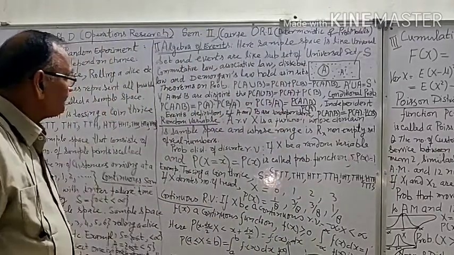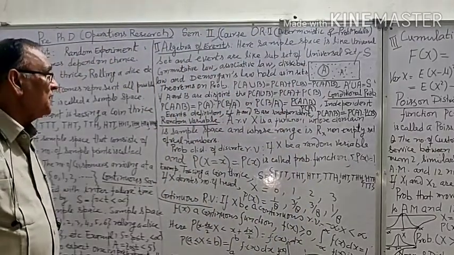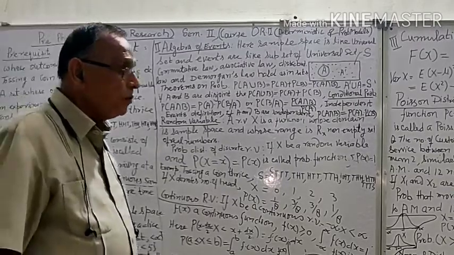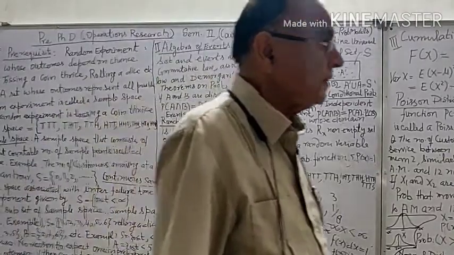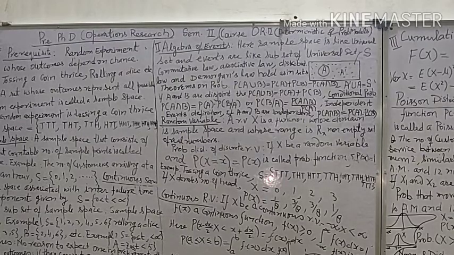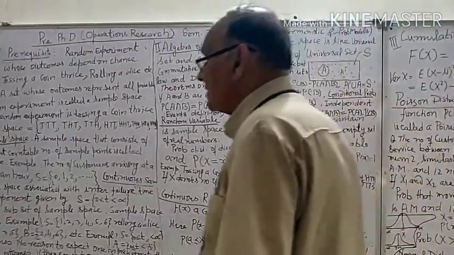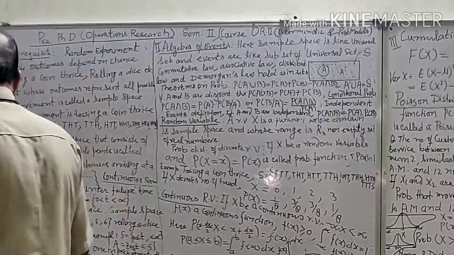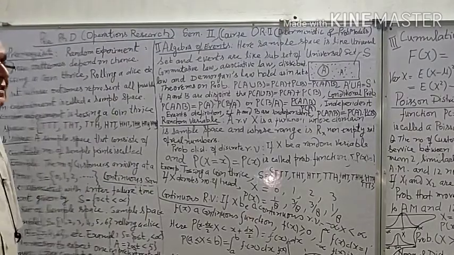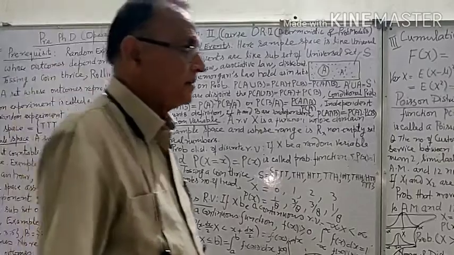But if two events are independent, how do we define independent events? If the probability of occurrence of one event is not affected by the occurrence or non-occurrence of the other, then the two events are said to be independent.